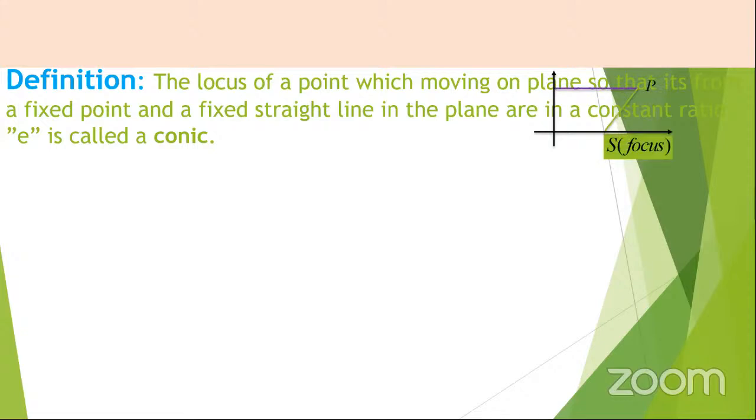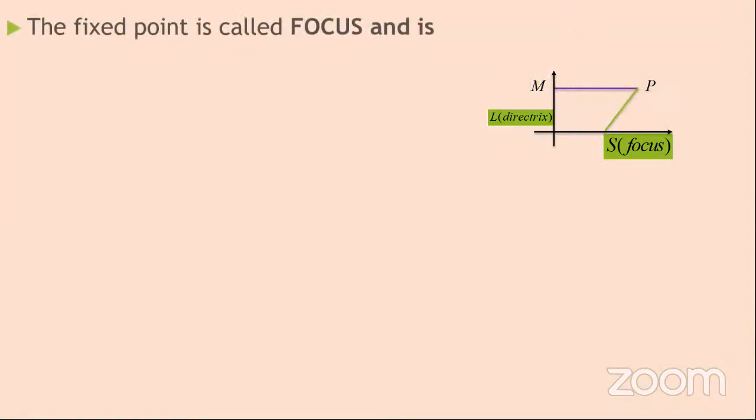We have a point P such that its distance from S, the focus, and its distance from the directrix, that is SP and PM, have a ratio SP divided by PM that must be constant. Then that locus of P is called a conic.